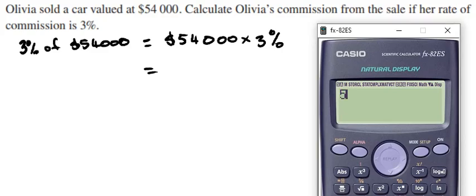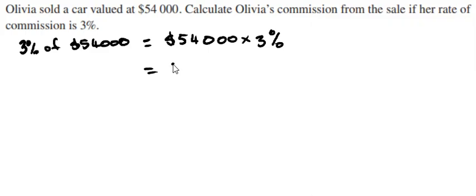So 54,000 times 3% equals $1,620. So that's how much she earns from selling the car. That's a 3% commission.